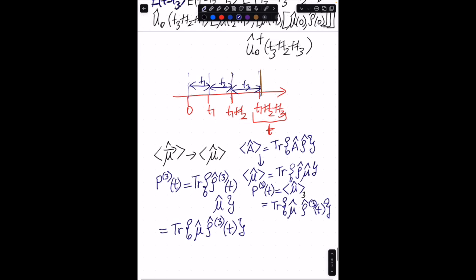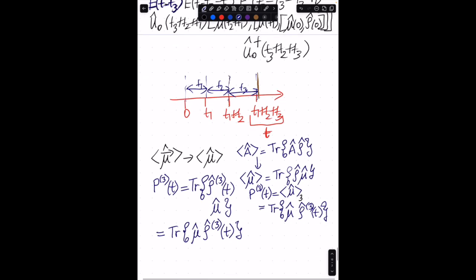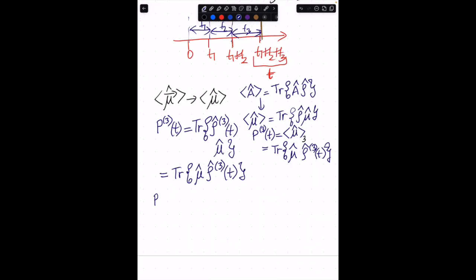So we proceed to take the trace, which will give us the expression for the third order polarization as such.